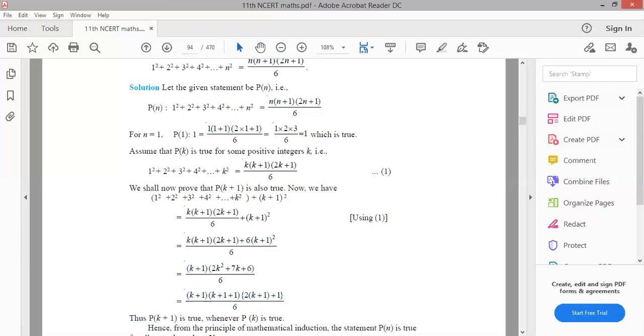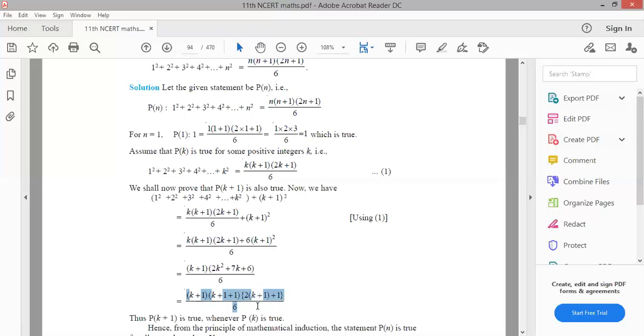Okay, so from the last step, if you compare this with the given statement, it seems that n has been replaced by k plus 1. Here, n has been replaced by k plus 1. Here, n has been replaced by k plus 1.